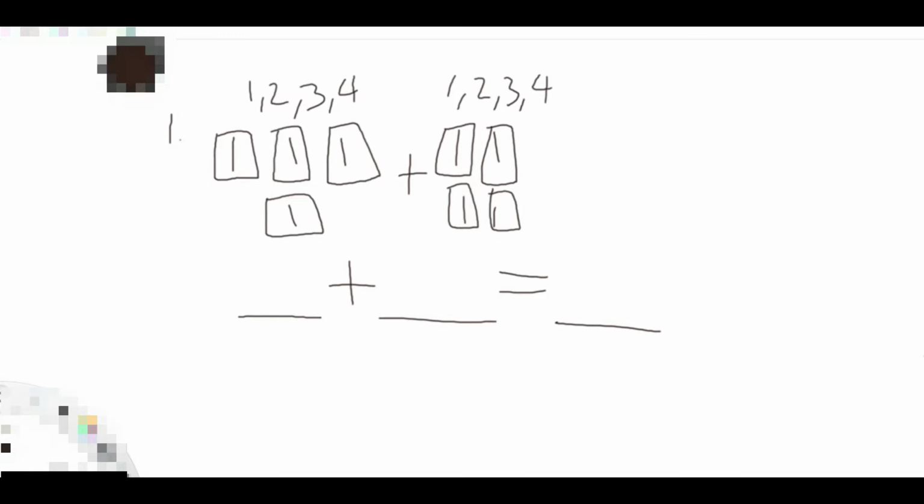So this is 4, another 4 plus 1 is 5, another one 6, another one 7, 7 plus 1, 8. So below we're going to fill: this is 4, and we know this is 4, and we figured out this is 8. The answer is 8, or the result after adding 4 and 4.